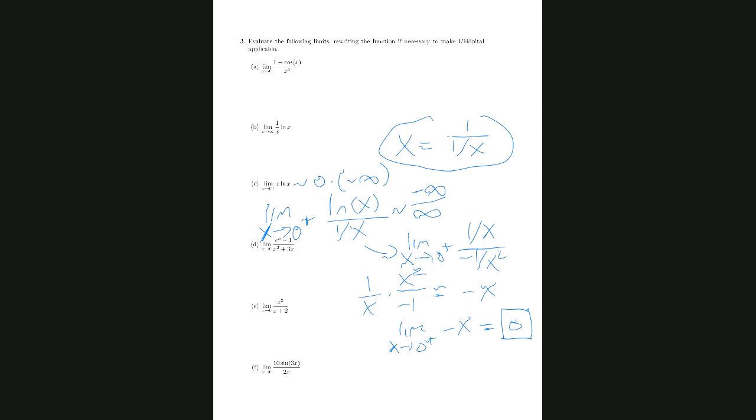Right? Because e to the 0 is just 1. So the numerator becomes 0 as well. So we can use L'Hopital's rule.